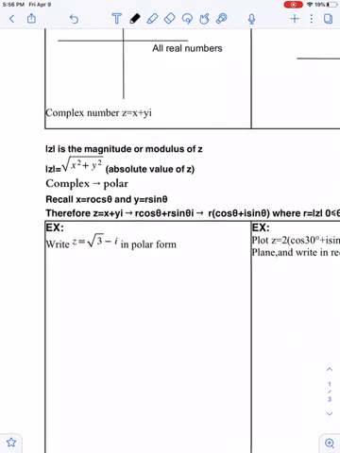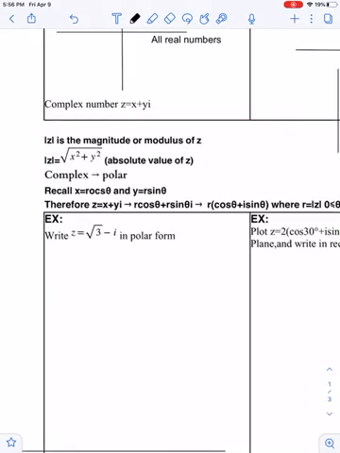Next, we're going to go from these points to polar form, and we are going to use the equations from before: r equals the square root of x squared plus y squared, and theta equals the tan inverse of y over x.